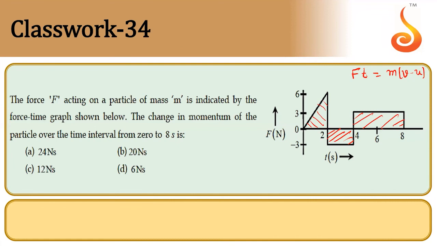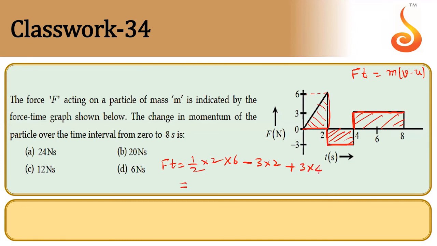Area of triangle is half into base, which is 2, into height, which is 6, minus 3 into 2, plus 3 into 4.